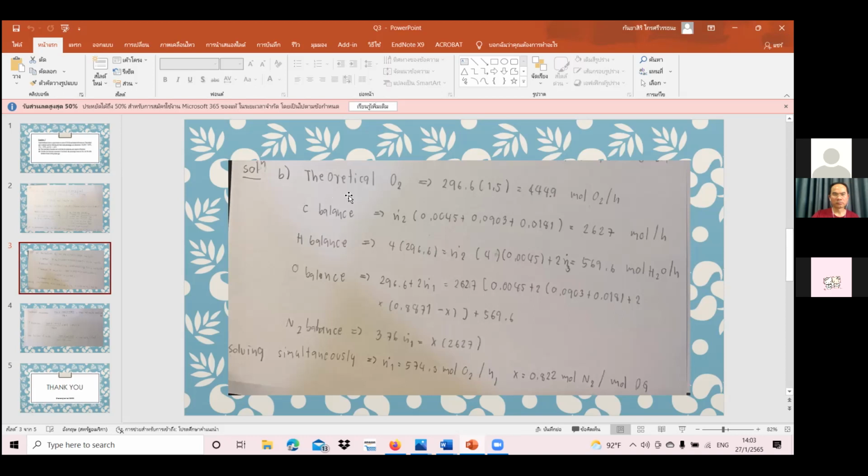From the C balance, I got N2 equal to 2,627 mole per hour. From the H balance, I got 569.6 mole H2O per hour. Solving, N1 equals 574.3 mole oxygen per hour and X equals 0.822 mole.